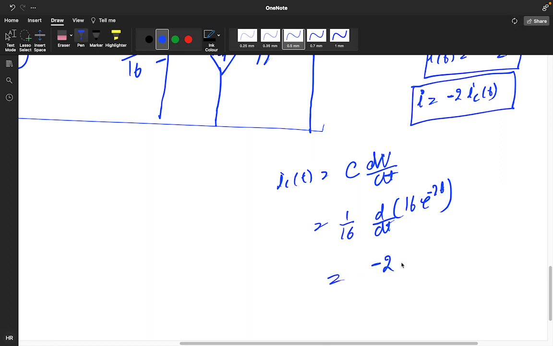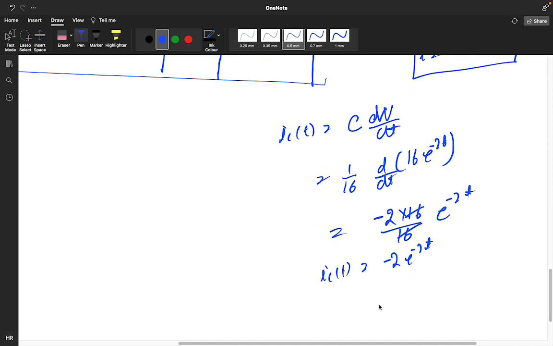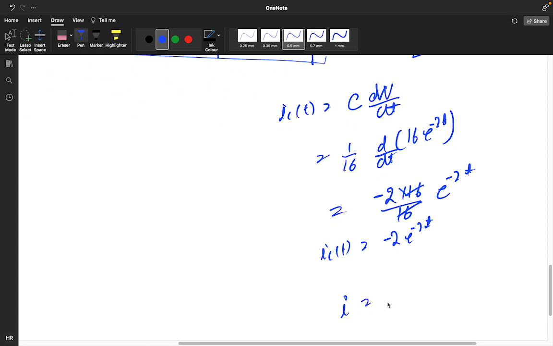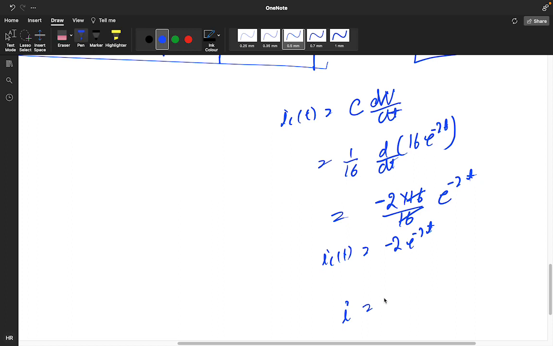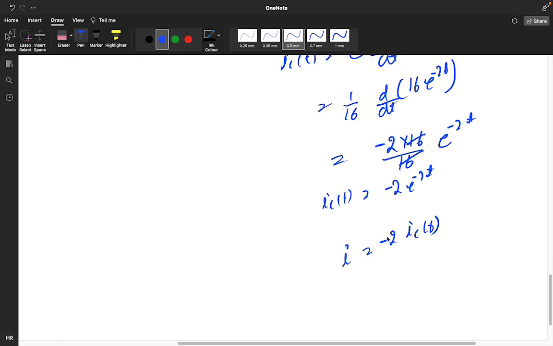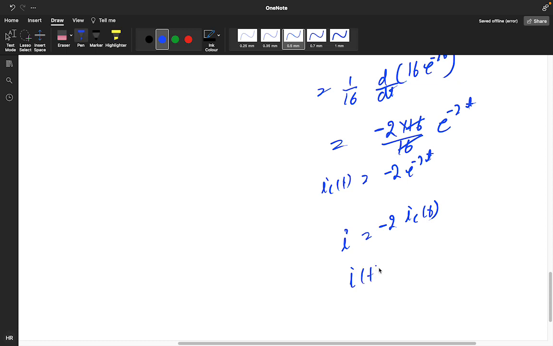Minus 2 into 16 divided by 16 e power minus 2t. So we'll get IC of t value as minus 2 e power minus 2t. And what is the I value? I value is minus 2 into IC of t. So substitute the value of IC of t. So you will get 4 e power minus 2t ampere.